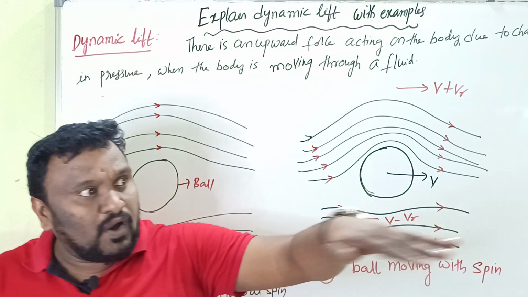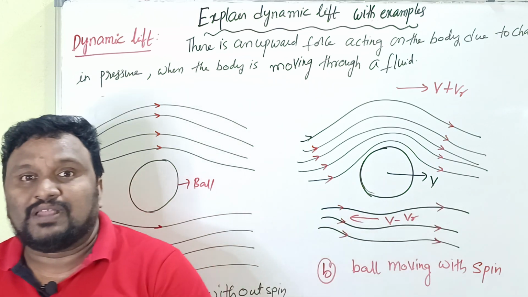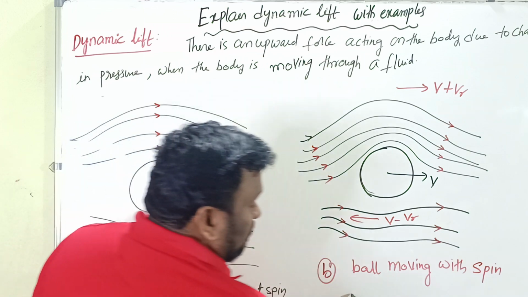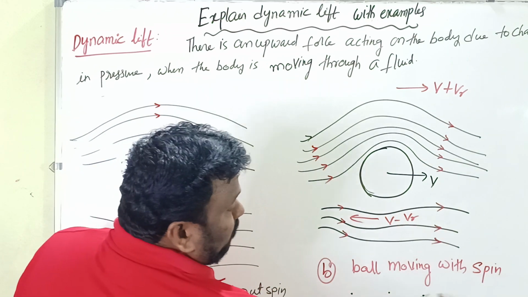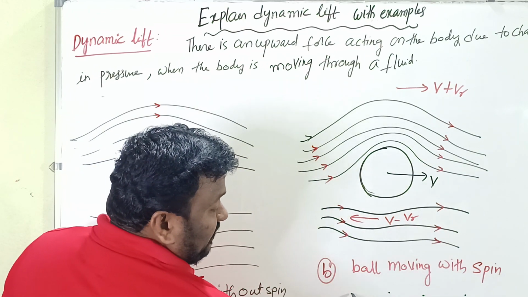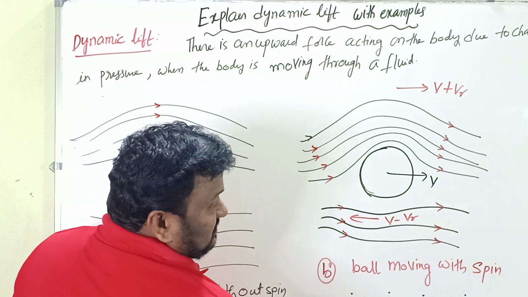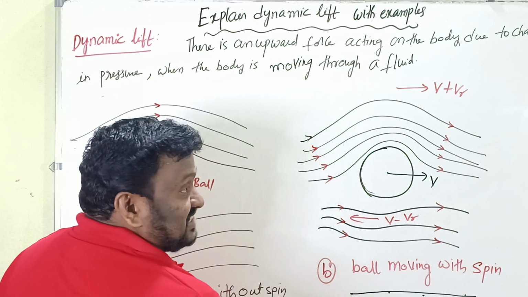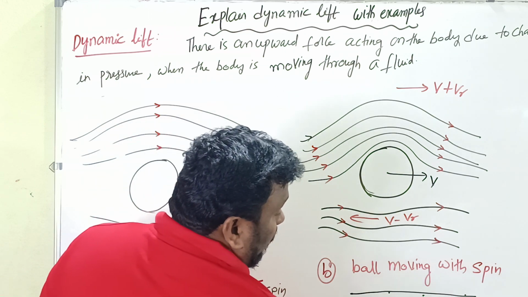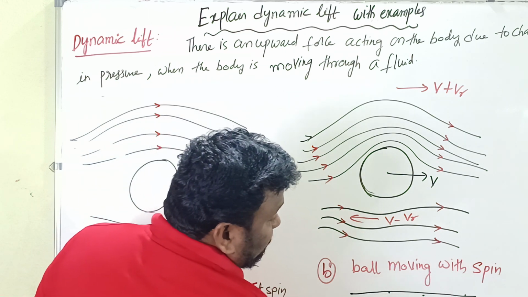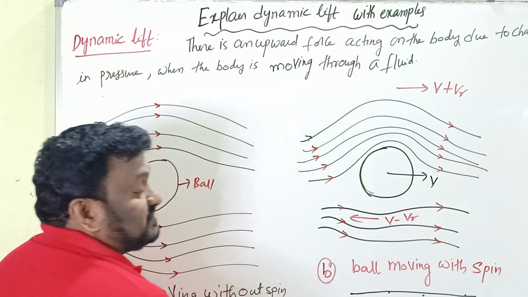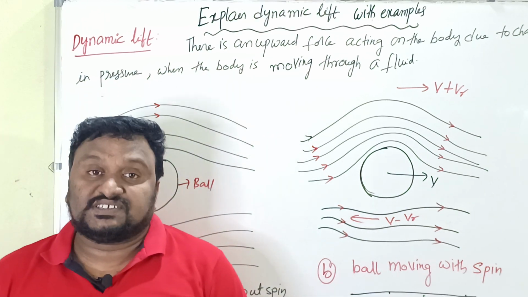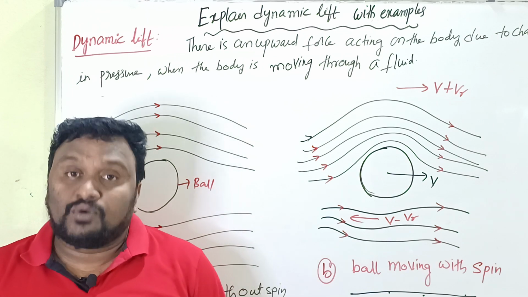By joining all these points, we get one streamline like this. Here this is one point, one point, one point on the fluid having the same velocity. Then you can join them, and now it is a streamline. Similarly we have a number of streamlines like this. They never intersect each other because they have different velocities. That is the streamline flow.